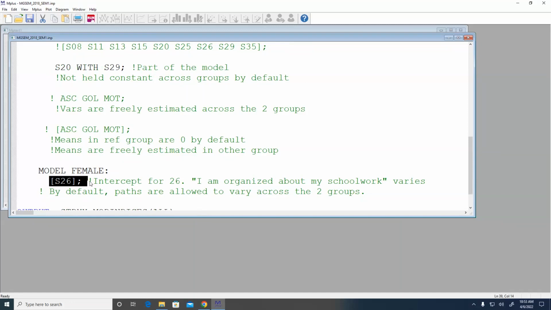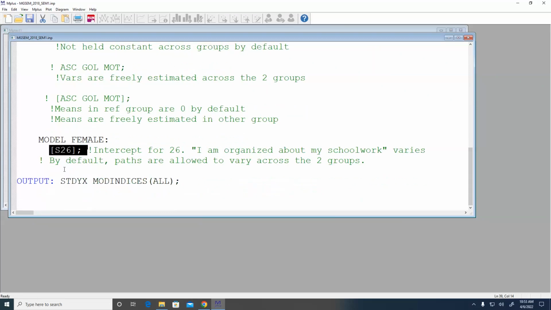If I don't, the intercept for S26 is going to be constrained to be equal across the two groups. So here in model female, the only thing that's here right now is telling Mplus what is different between my measurement model and a full-on scalar invariance model. And by default, all structural parameters in Mplus are going to be free to vary across the groups.